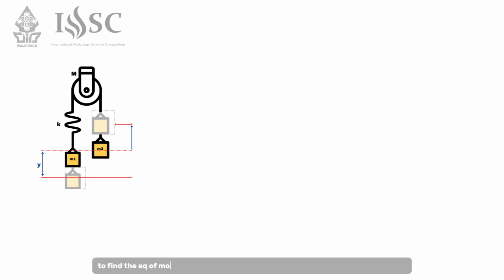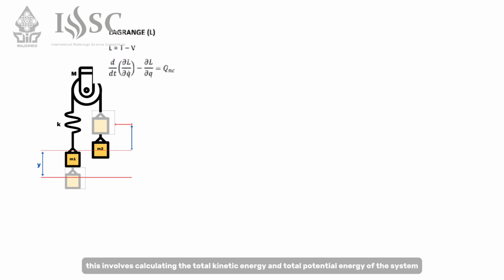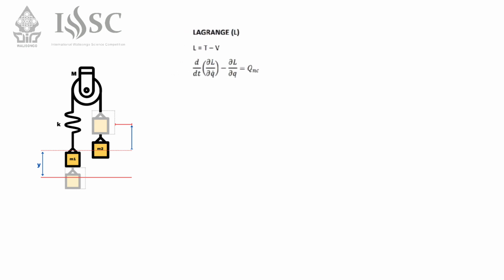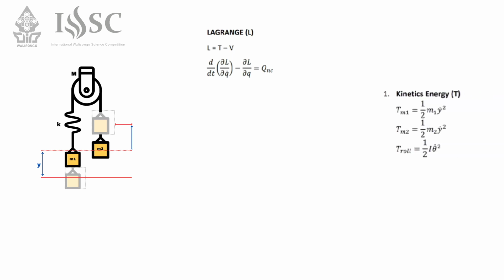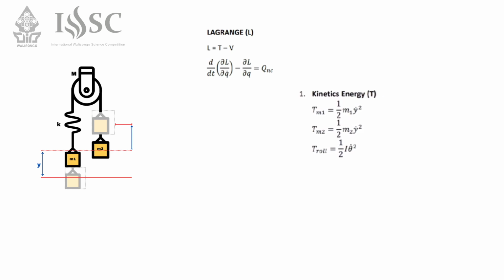To find the equation of motion, we will utilize the powerful Lagrangian mechanics approach. This involves calculating the total kinetic energy T and total potential energy V of the system, and then applying Lagrange's equation like this. 1. Kinetic energy T. We have T for M1, M2, and the roll.